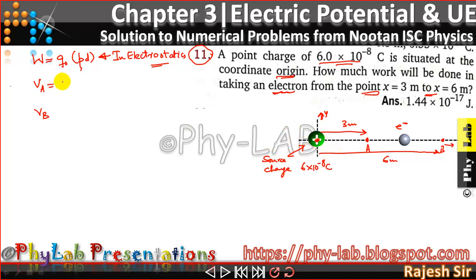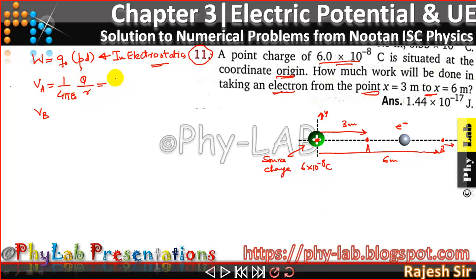Now potential formula happens to be 1 upon 4 pi epsilon naught, magnitude of the source charge, and the distance between the source charge and the point where the potential needs to be calculated, that is at point A. So V is equals to 1 upon 4 pi epsilon naught Q upon R. Q happens to be the magnitude of the source charge and R happens to be that distance between the source charge and the point where the potential needs to be calculated.